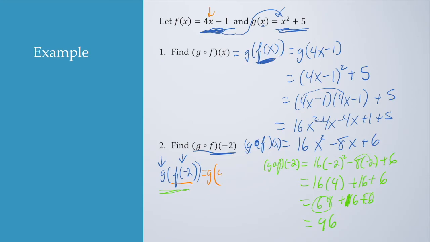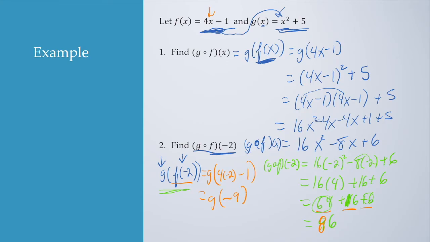So I've got 4 times negative 2 minus 1. That's going to give me a negative 9.